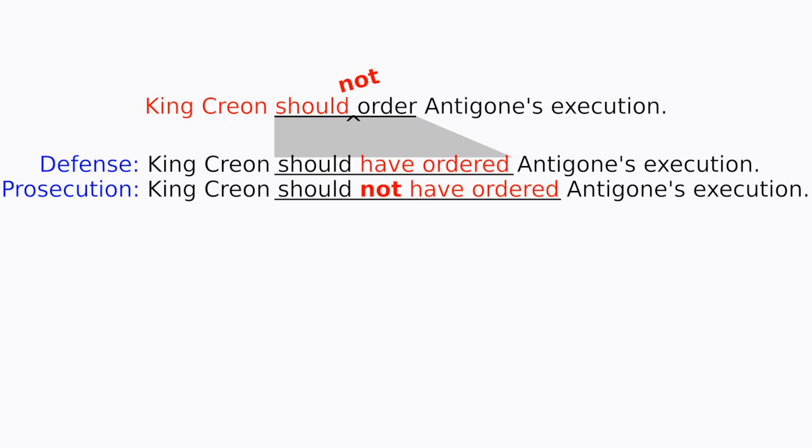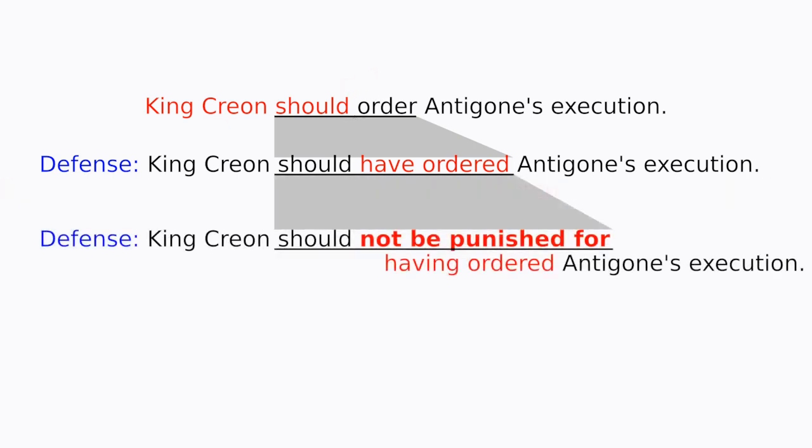There's more. The Lost Tools 2 curriculum emphasizes the task of specifying that a given defendant should or should not be punished for a given action. So here's the translation of our defense statement. "Creon should not be punished for having ordered Antigone's execution."